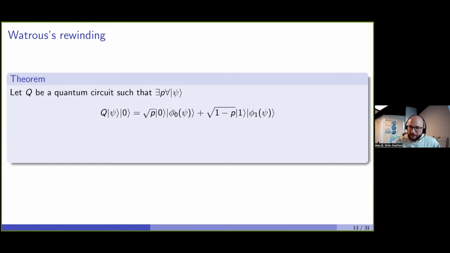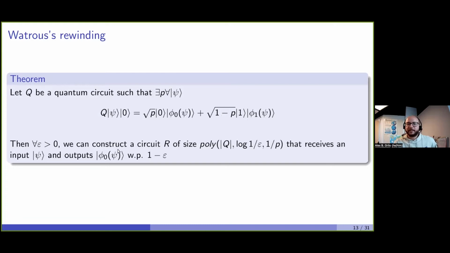The key point is that when you apply Q on psi 0, you have the first bit being 0 with amplitude square root of p, and being 1 with amplitude square root of 1 minus p. So this is the assumption of the quantum rewinding.